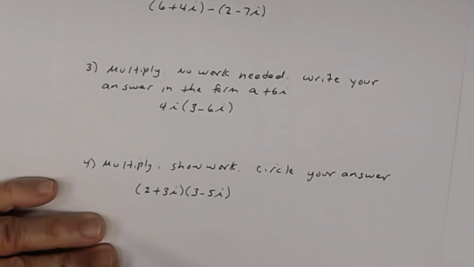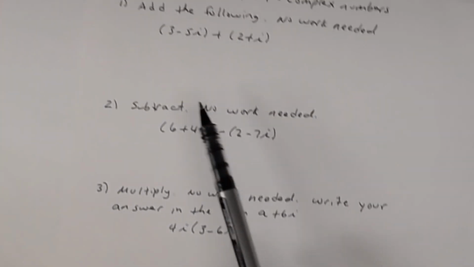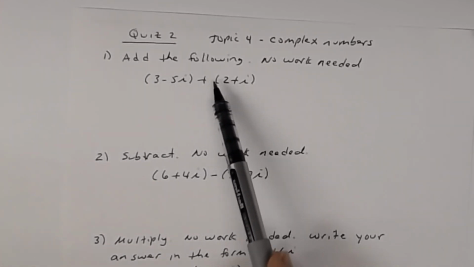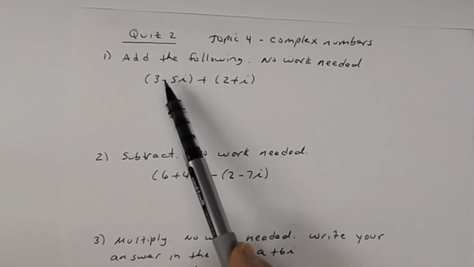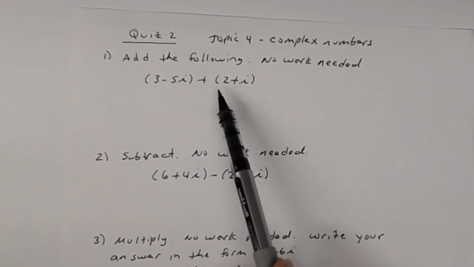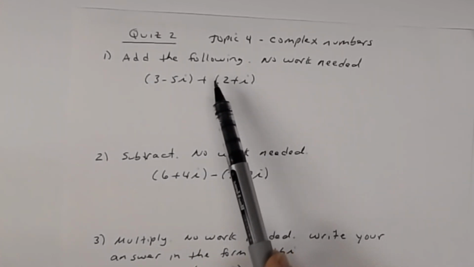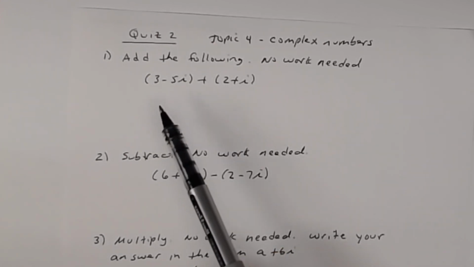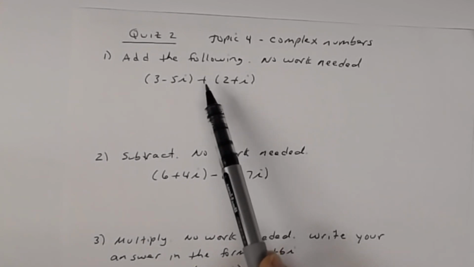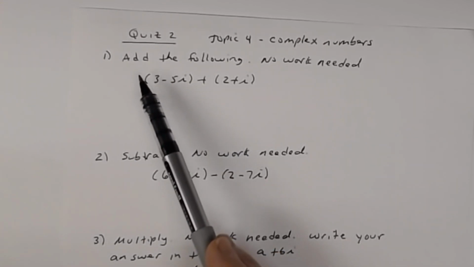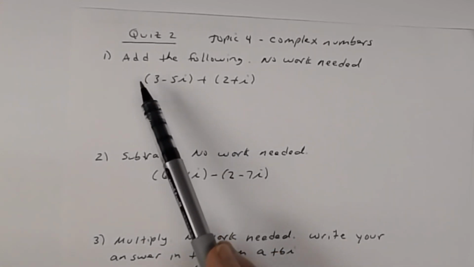So in number one, notice that this is an easy one because the coefficient in front of this complex number is 1, and the coefficient in front of this complex number is 1 as well. So basically, when you have this situation, see there's no number other than 1. There's not a 3 here, there's not a 4 here, or anything like that.